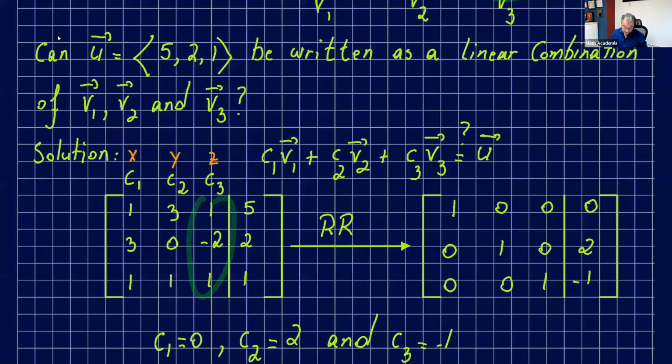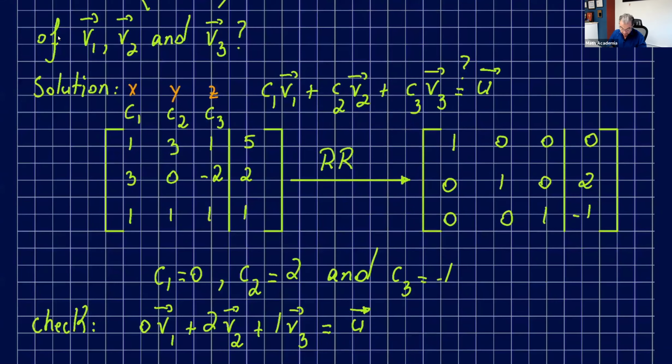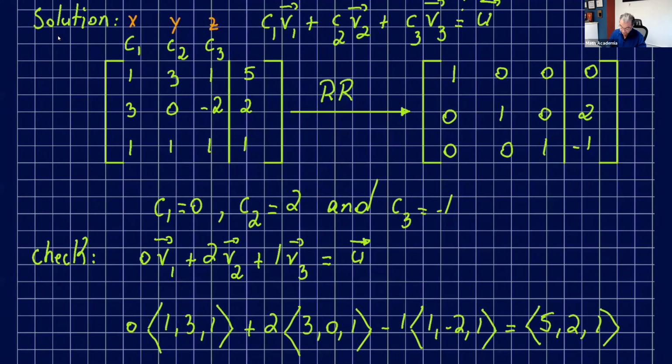And I also put X, Y, Z. Again, I use C1, C2, C3, but this is the same thing as X, Y, Z. Now you write the augmented matrix, and if you do the row reduction, you get the identity matrix. So here C1 is 0, C2 is 2, and C3 is negative 1.